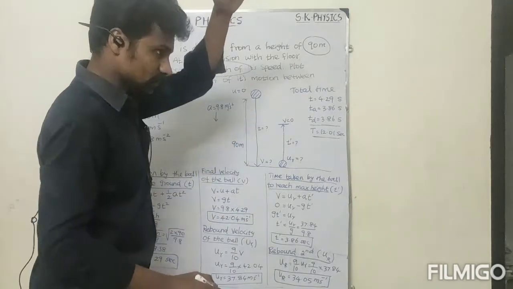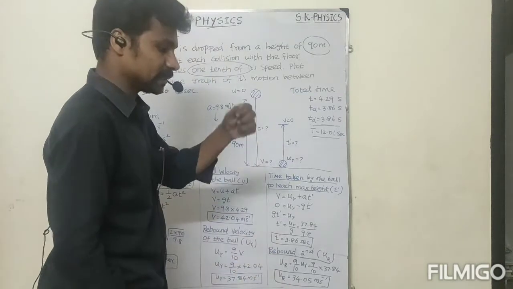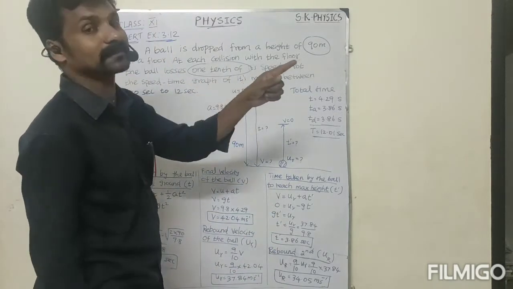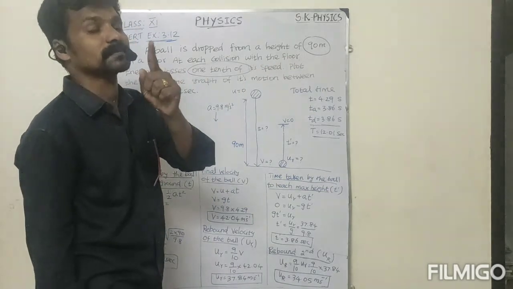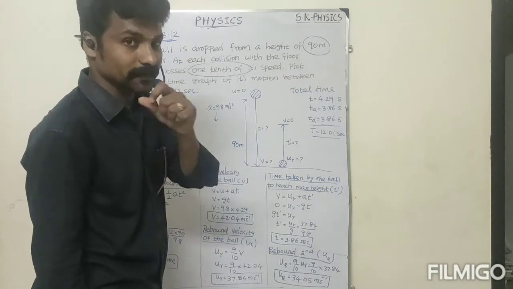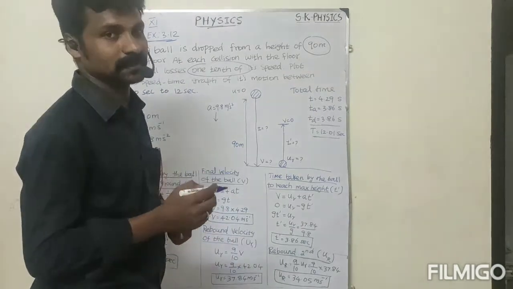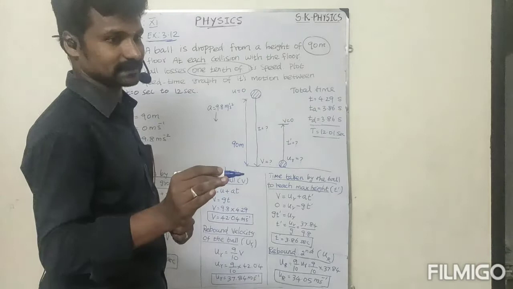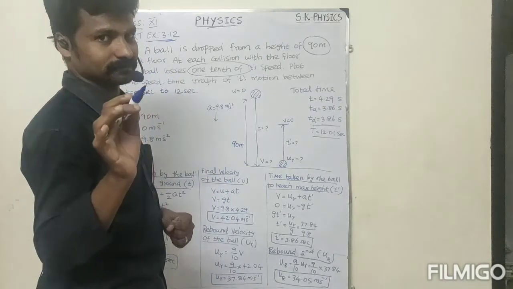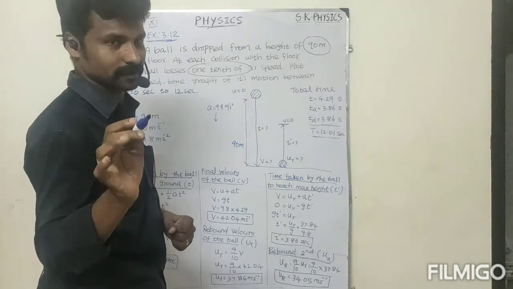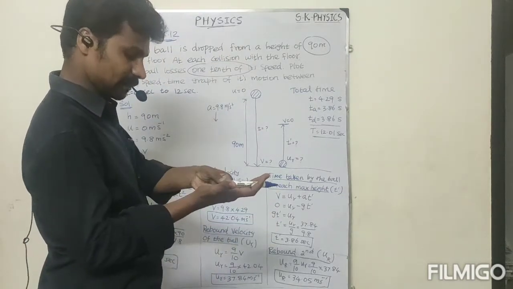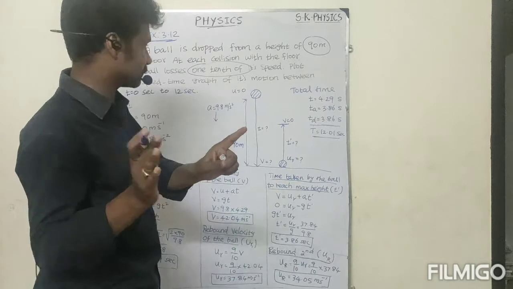Whenever it hits the ground, it loses its speed. 1/10 of speed is reducing, that means 10% is lost and 90% speed is available. For example, if it is 100 when we hit the ground, after that 90 is there, like that.